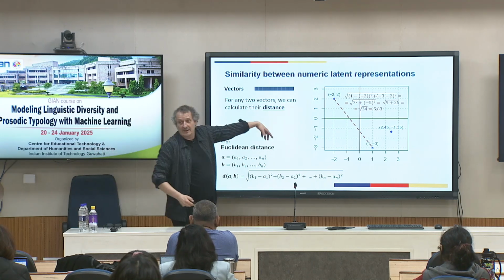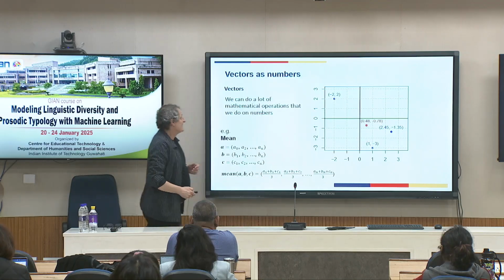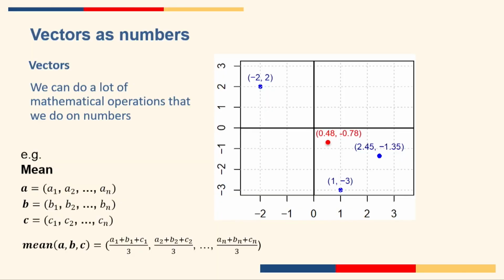We can use a lot of types of distances on the vectors. In general, most of the things which we can do with numbers, we can do with vectors. We can sum them. We can subtract one from the other. We can multiply them, but let's not go there. That's slightly more complicated. We can take a square root of them. All sorts of things.